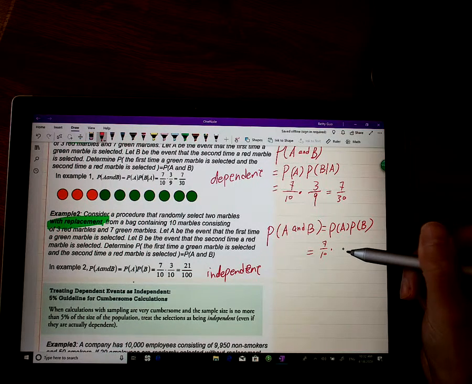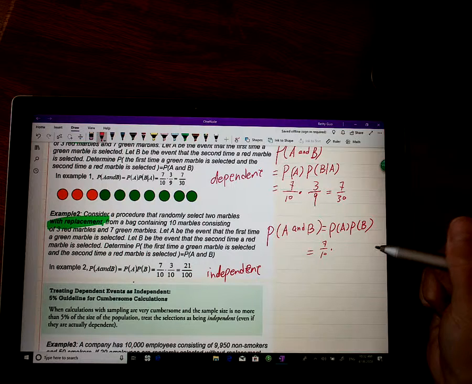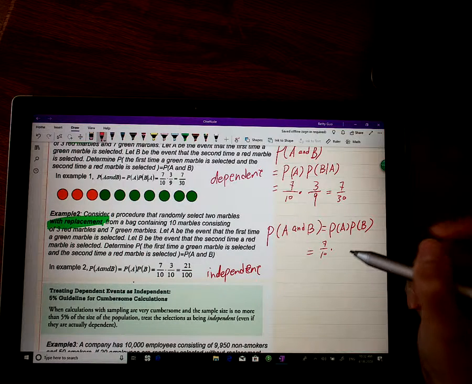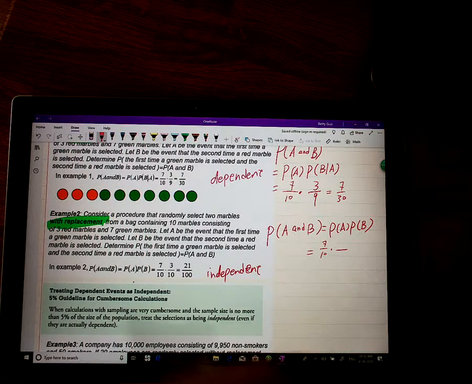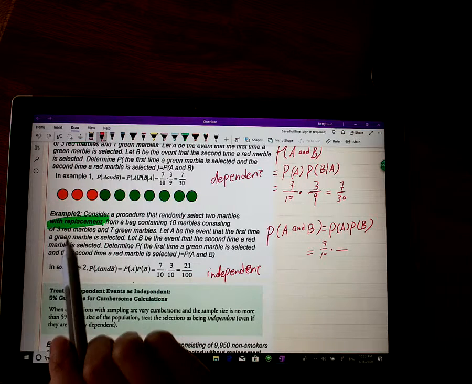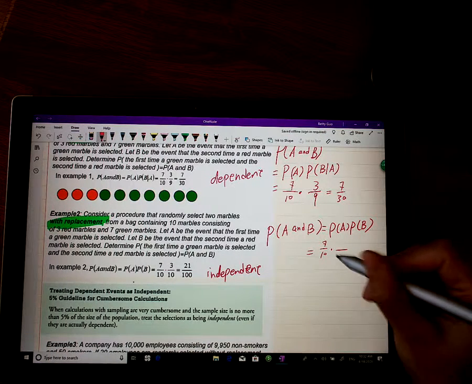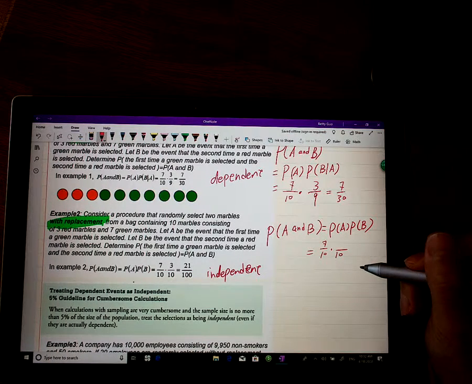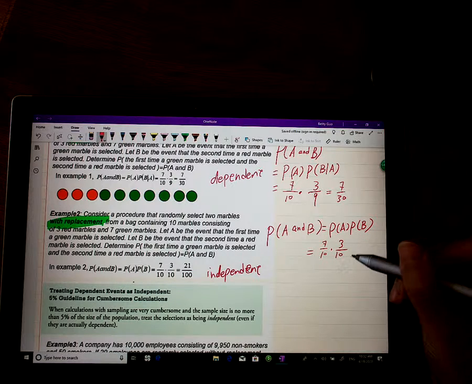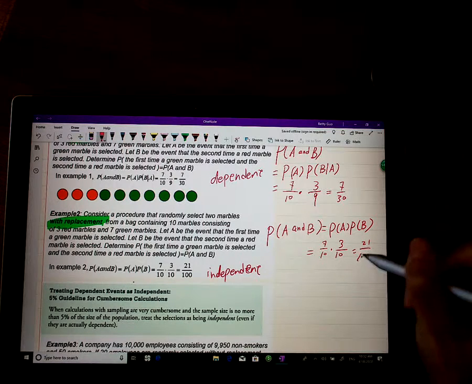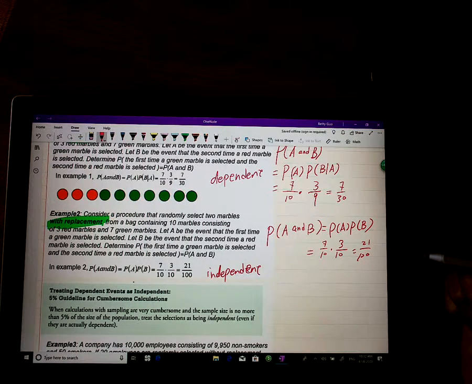P of B, second time, you got a red marble. Remember, you put the first marble back with the replacement. So when you take the second marble, you still have 10 marbles. 3 of them are red. So that gives you 21 over 100. All right?